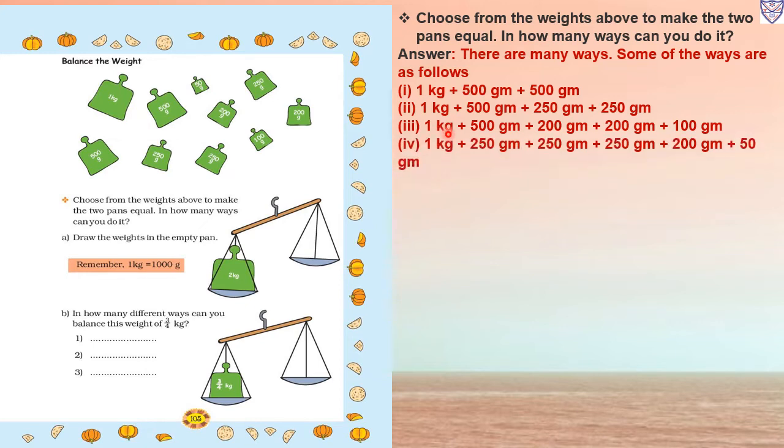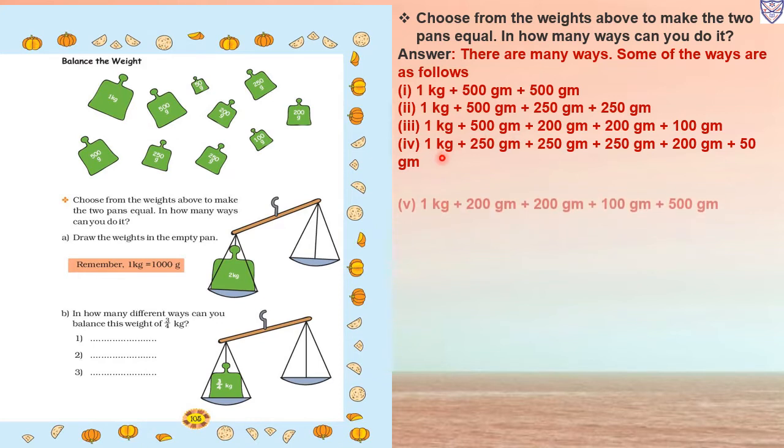Now next option, 1 kg plus 250 gram plus 250 gram, plus 250 gram plus 200 plus 50 gram. So 250 gram plus 250 gram will become 500 gram. Then 250 gram plus 200, that is 450, and 50 gram we will add, that is 500. So 500 gram plus 500 gram, that is 1000 gram, which is equal to 1 kg, plus 1 kg, 2 kg.